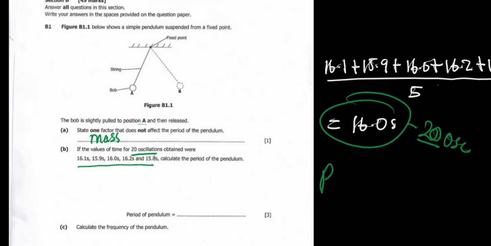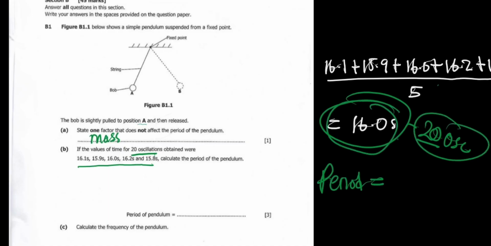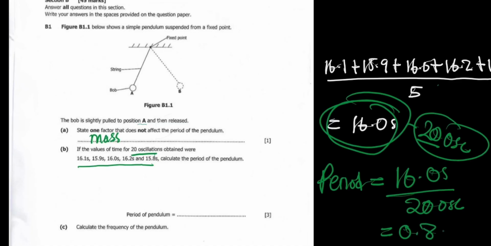Well, the period then is going to be simply dividing 16 seconds by the number of oscillations. Then we're going to get the period for one oscillation. So we're going to do 16.0 seconds over 20 oscillations. And when we do that, we are going to get 0.8 seconds as our period.